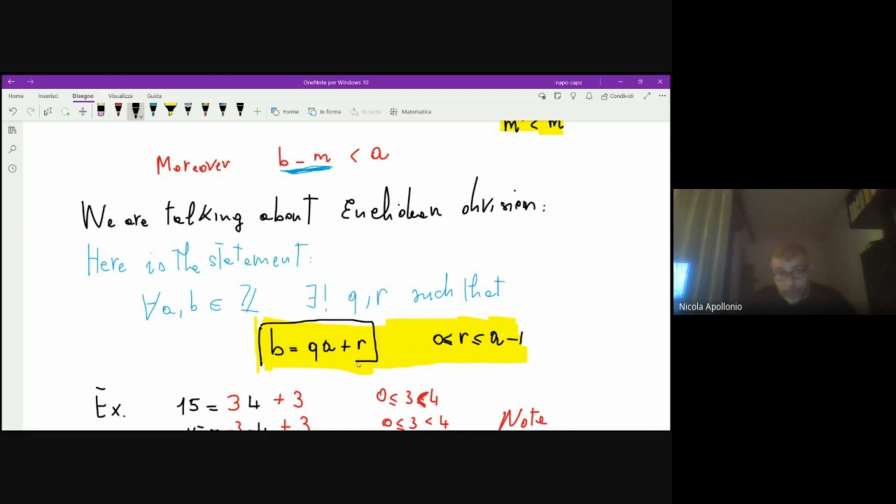You can always write b as q times a plus r. So this is the m above, the closest multiple. And of course r, if you think of r as the approximation error, is always non-negative, but smaller than a. This is very, very important.